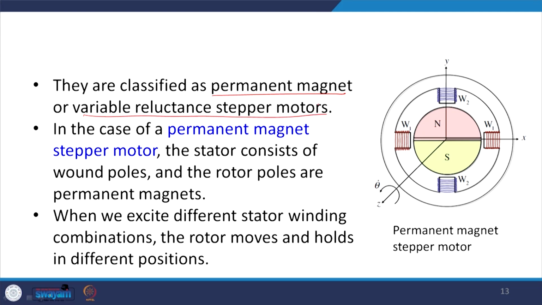In case of a permanent magnet stepper motor, the stator consists of wound poles, as you can see over here, these are the wound poles, and the rotor poles are permanent magnets. So, this is your rotor.